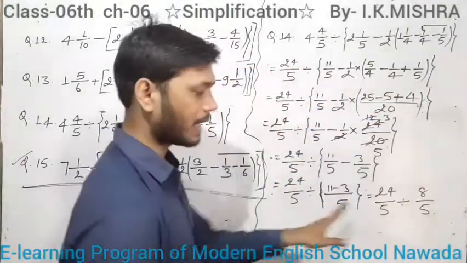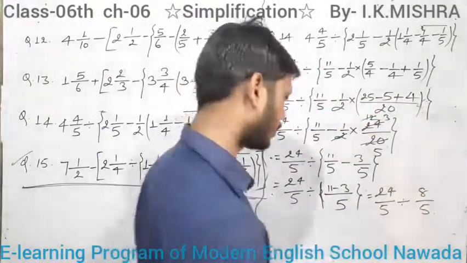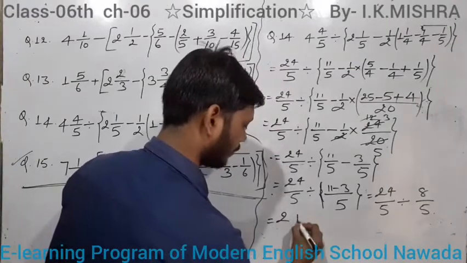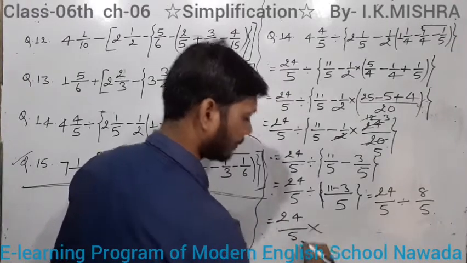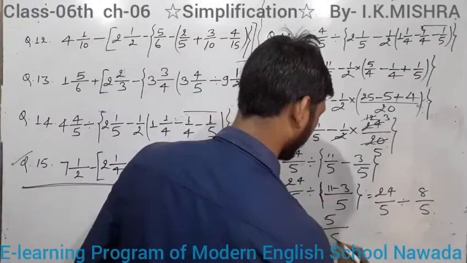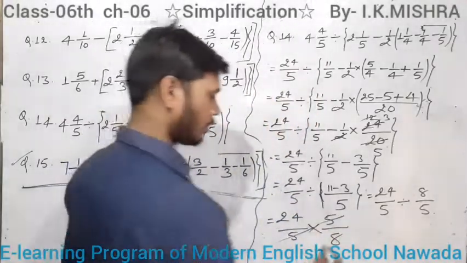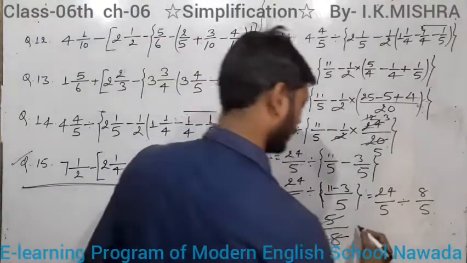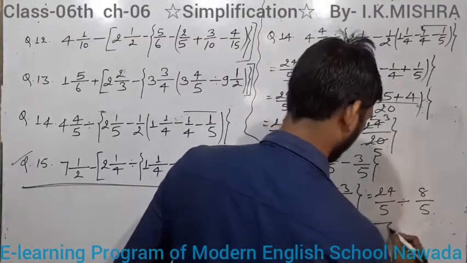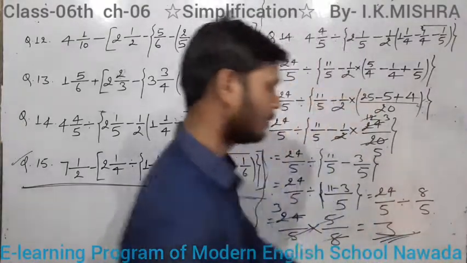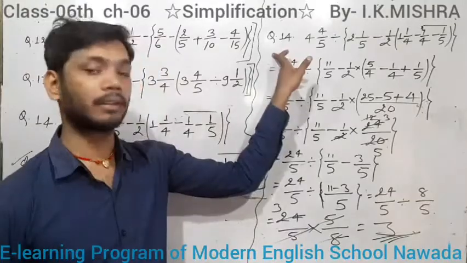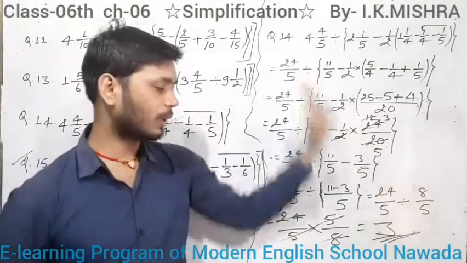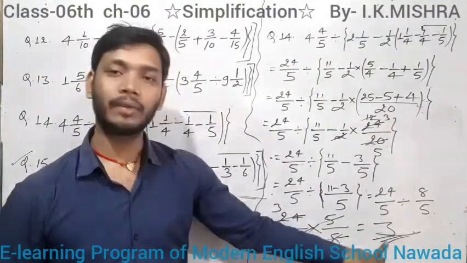Clear students? And after that change the division into multiplication. So 24 by 5 multiplied by 5 by 8. Here 5 is crossed out and 8 goes 3 times. Here 3 is the answer of this. That means its simplest value is 3.